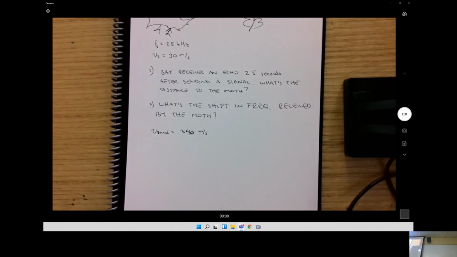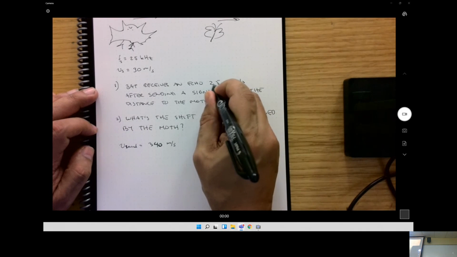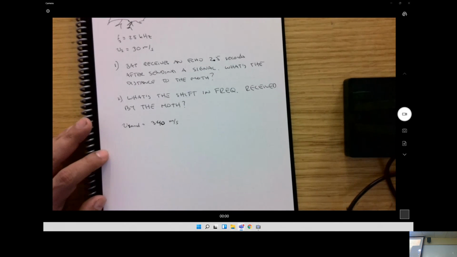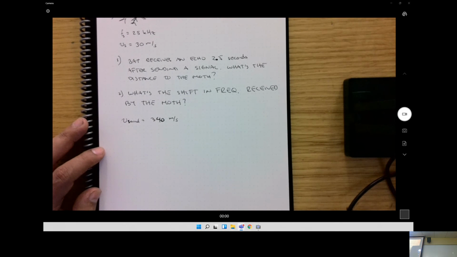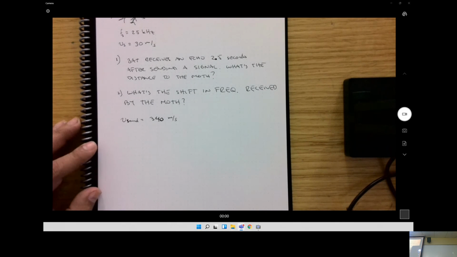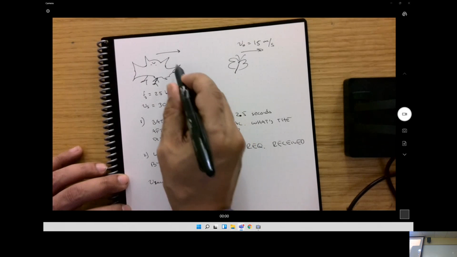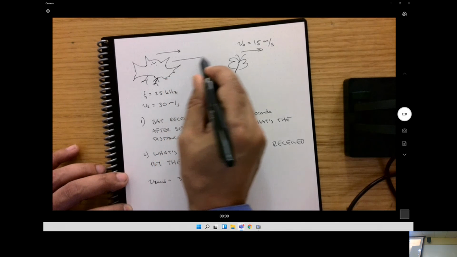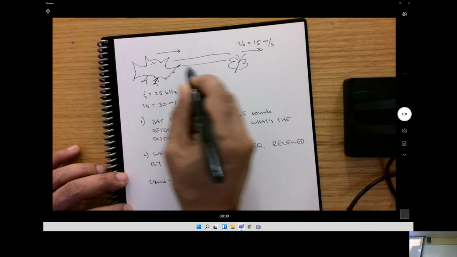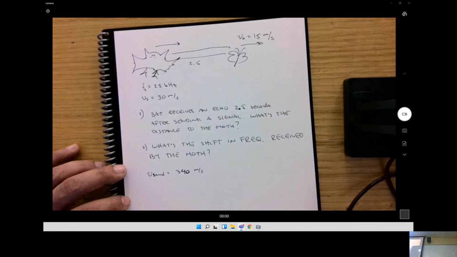So for the first part, it's 2.5 seconds, not 25. As you can imagine, you have the bat, and the sound takes 2.5 seconds to do the round trip.